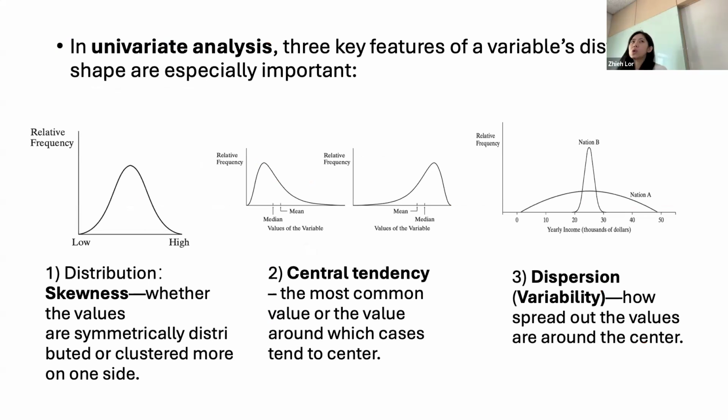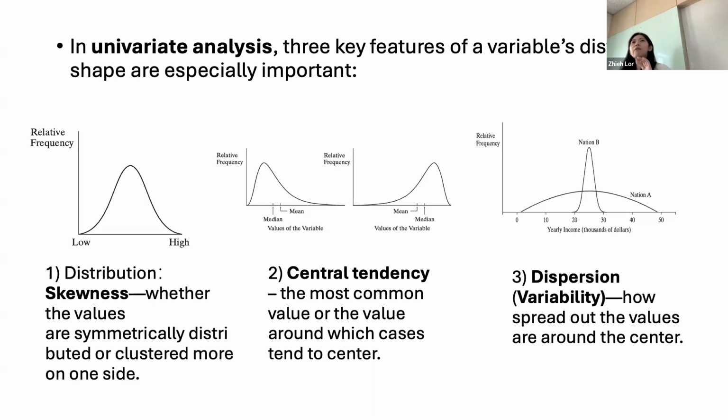And then we also try to understand the central tendency, which are the most common values, or the values around which the cases tend to be clustered. For example, we try to understand the mean, the average score. But despite just the mean, what about the other values?